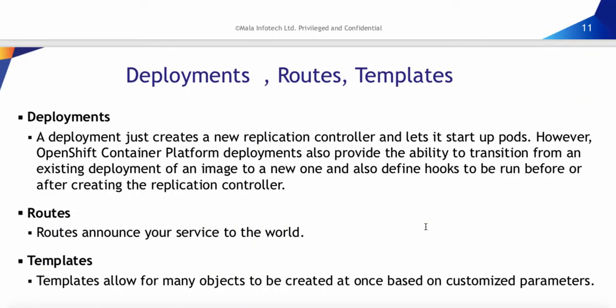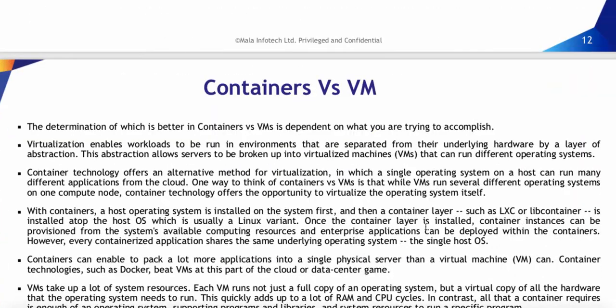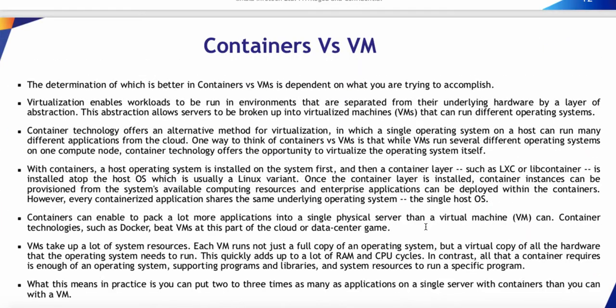Deployments, routes and templates are again very core concepts of OpenShift, which we have seen previously as well. There is a main difference between why we use containers versus VMs, and there is a lot of discussion on that. Many people go with containers and not VMs.